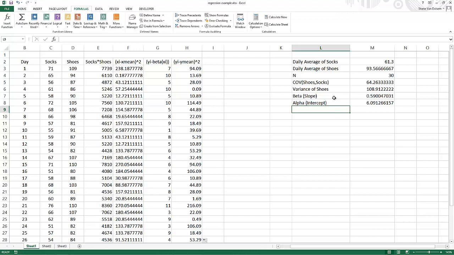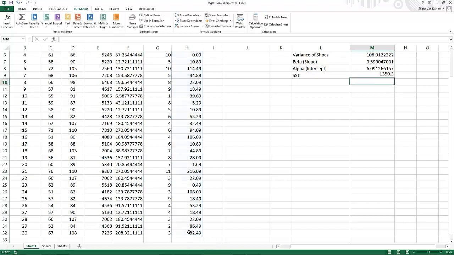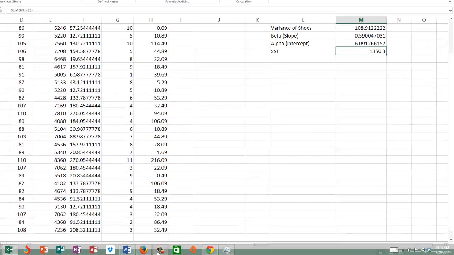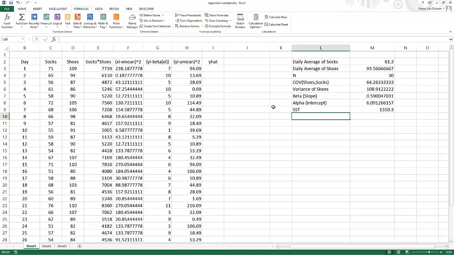But it could be sum of squares of total or something like that. But the idea is that this is the total of the differences between each observation for socks and the mean for socks. And we square it so that it's always positive. So SST is equal to the sum of yi minus y mean squared, or 1350.3. So that's our SST.